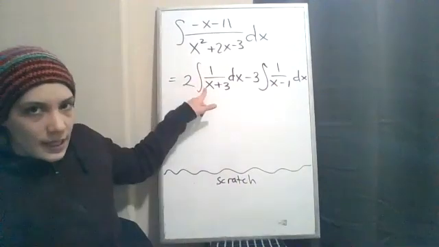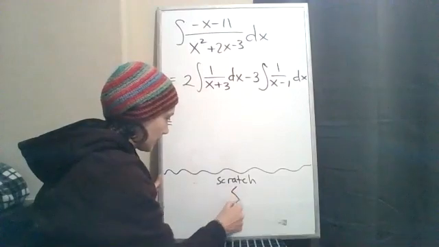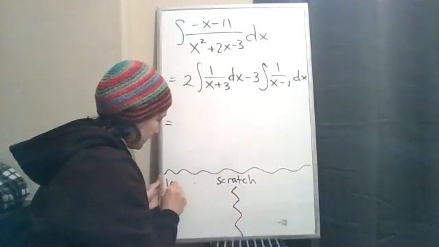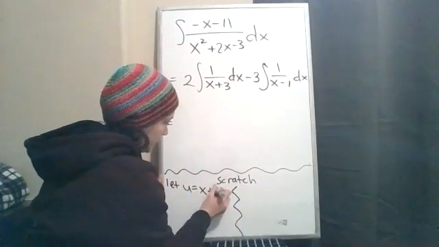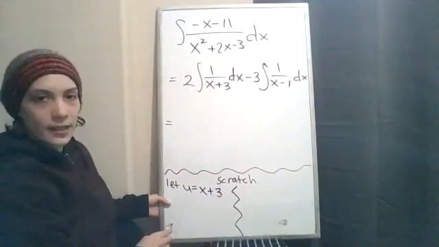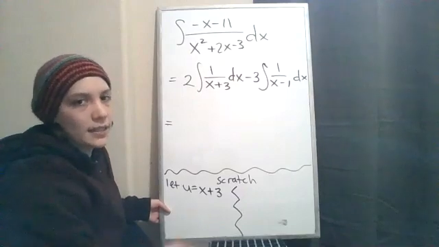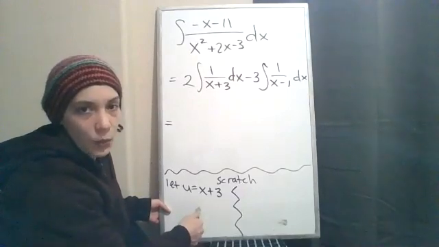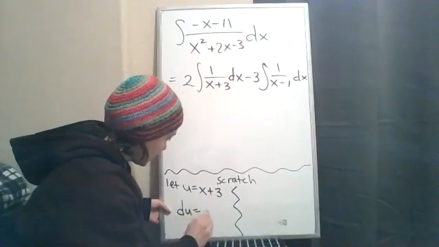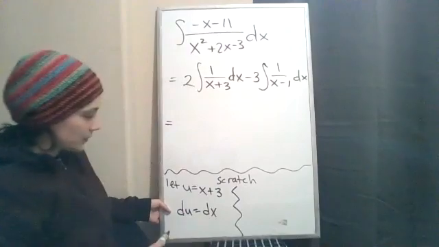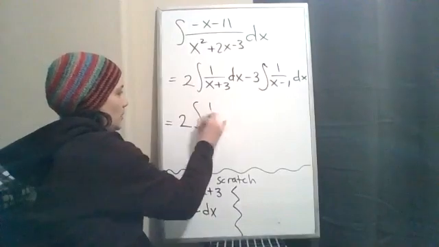Okay, for this side, I let u equal x plus 3. You would take the derivative, get du dx equal to 1, so du equals dx. So 2 times the integral of 1 over u.